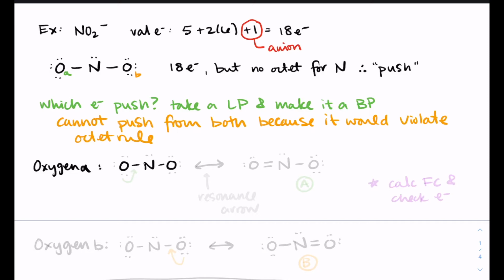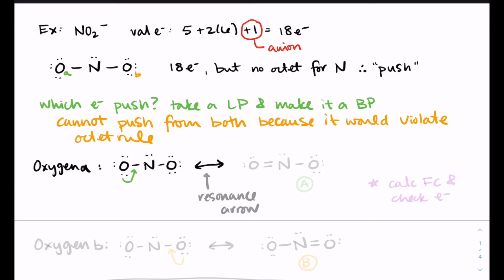So I can't share electrons from nitrogen, and I cannot share from both oxygens. If I tried to push a lone pair from the oxygen on the left and a lone pair from the oxygen on the right, my nitrogen would suddenly have 10 electrons. So I have to pick a side. Which side? Who knows? Let's try both and see what happens.